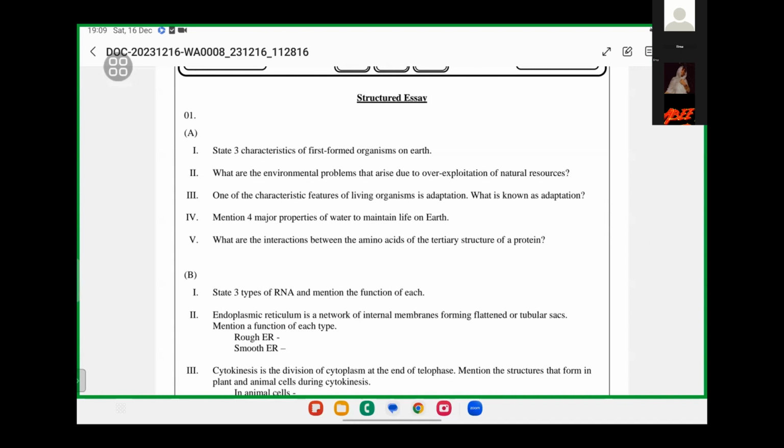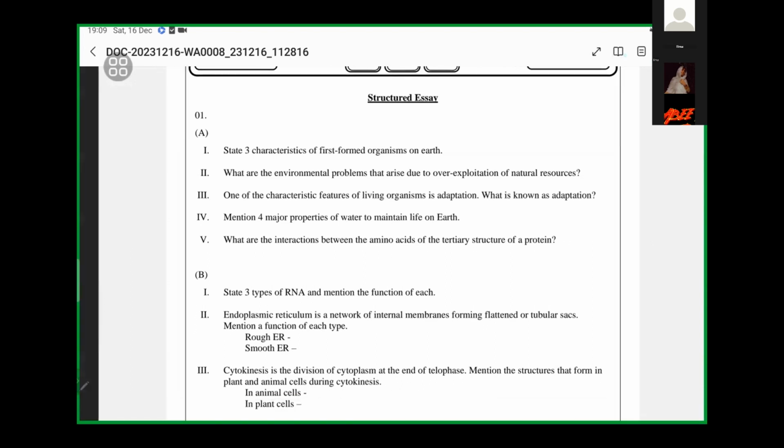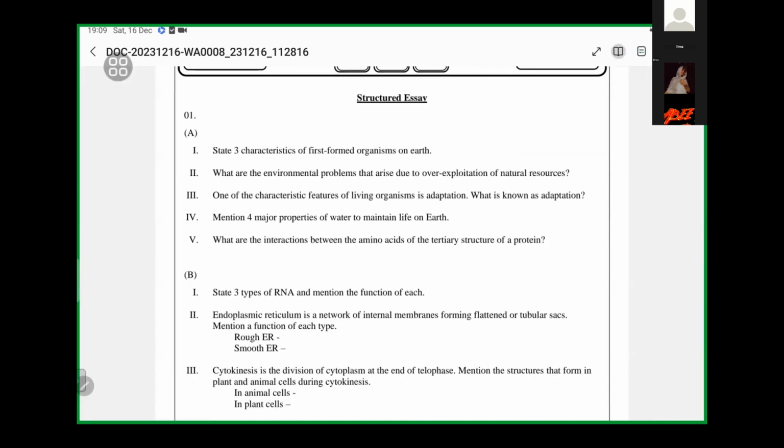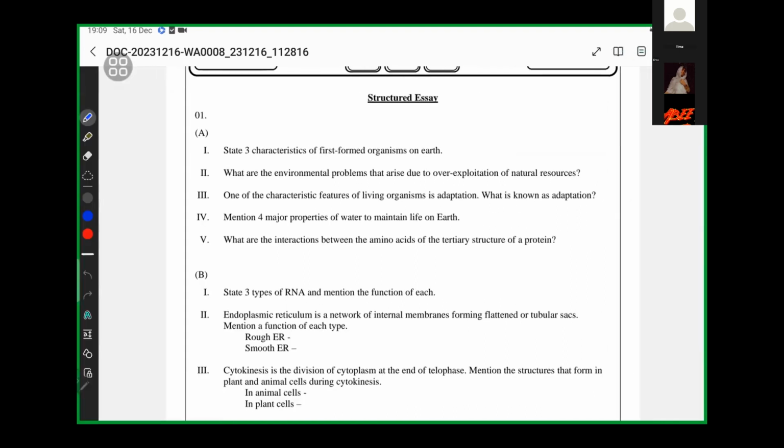So it should be heterotrophic, anaerobic, and prokaryotic. These are the 3 things mentioned in your resource book. If you write all those things, you will get two marks, or better, if you write all 3 or any 2.